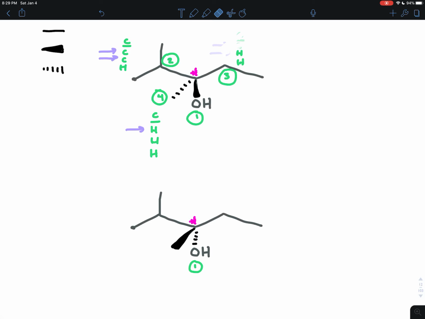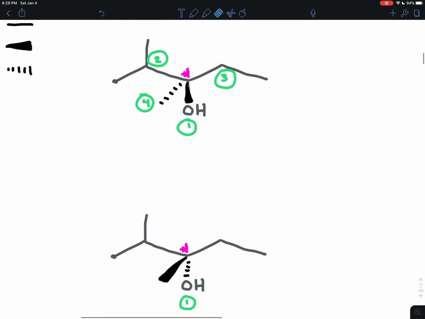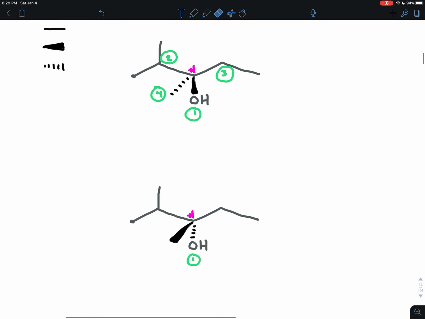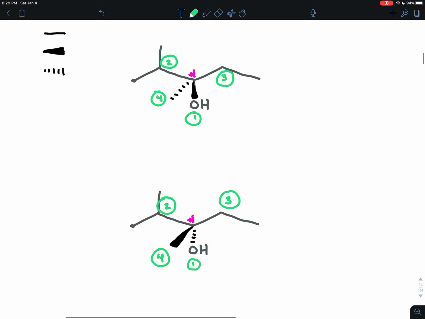Okay. So those are our priorities. Now, I can fill that in on the other one below. These are all the same groups, so they should have the same priorities. The only difference is their orientation in space between the structure on the top and the structure on the bottom.